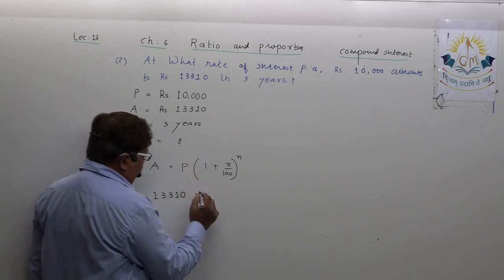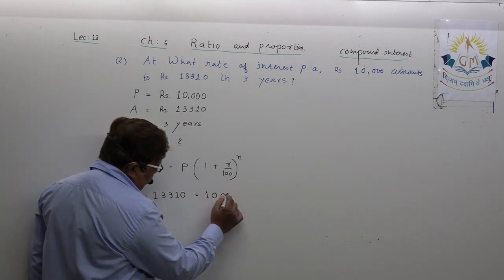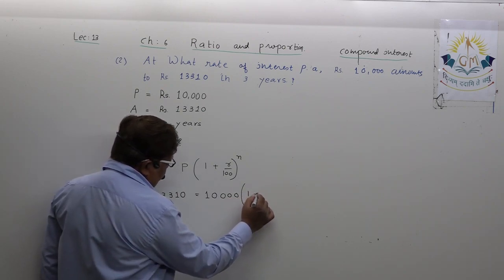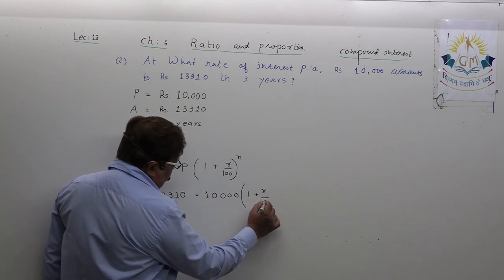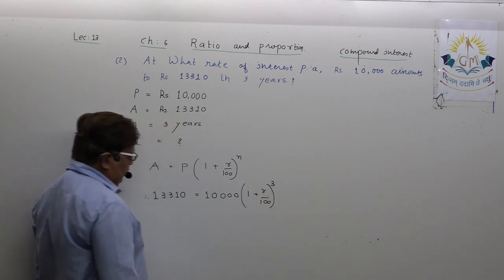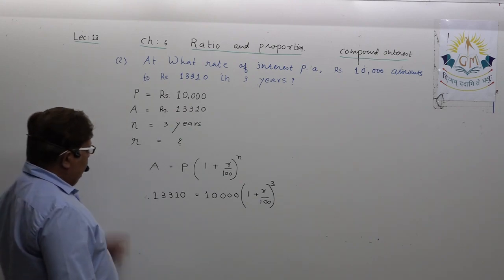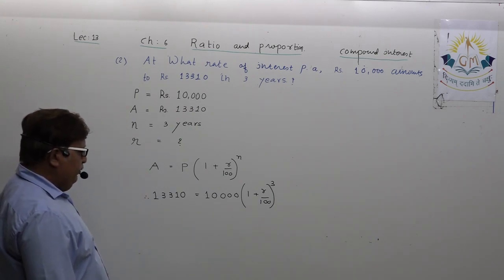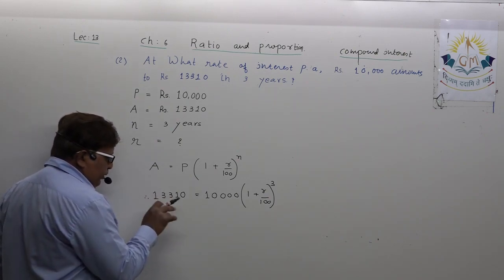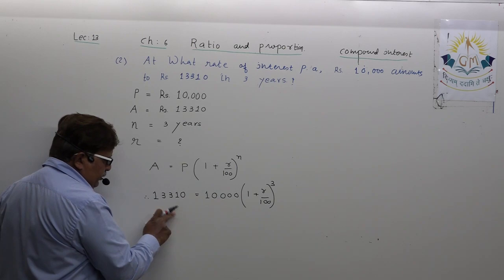What is the principal given? 10,000. 1 plus R upon 100 raised to N, that is 3. The first step is representing data and substituting the values, and you must be remembering the steps involved. 10,000 to be transferred here.